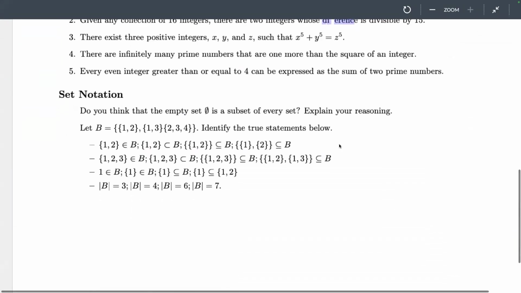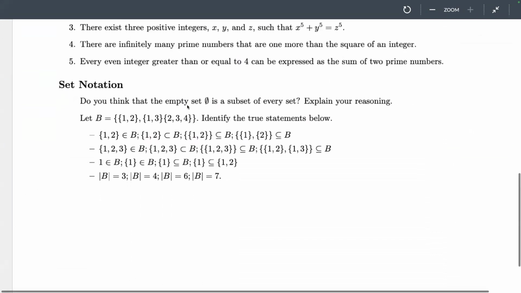So we've got a spare few minutes. First, talk with your neighbor: do you think the empty set is a subset of every set? And then I've got these, which is technically one of your homework problems. So we've got 3 minutes to talk about it. Go for it.